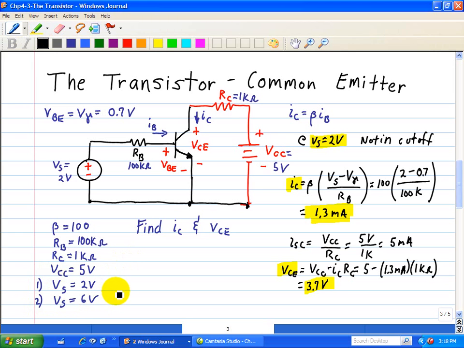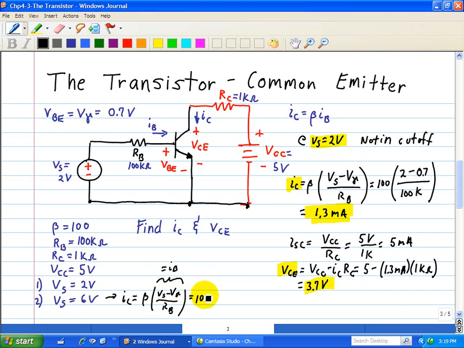So here, let's calculate the collector current IC. We're going to do a similar calculation: IC is beta times Vs minus V gamma divided by RB, and we note that this expression is equal to IB.